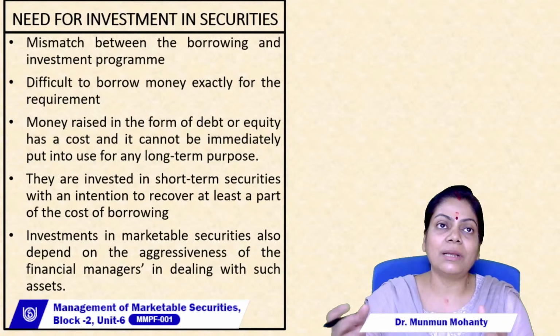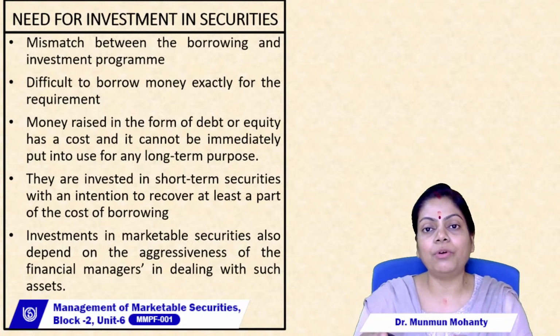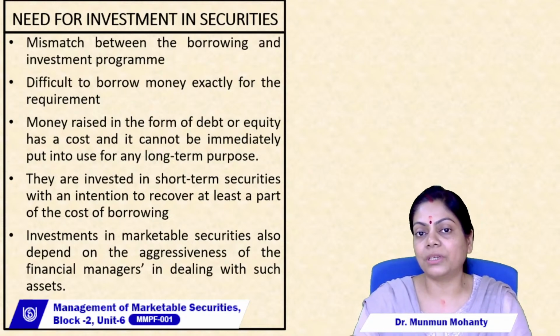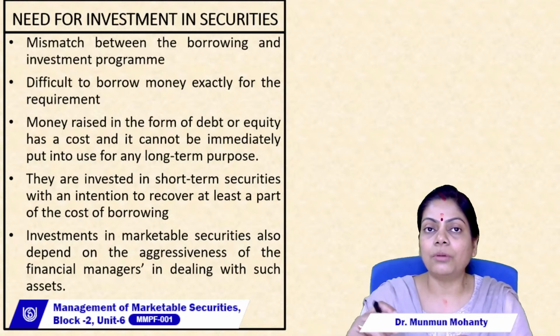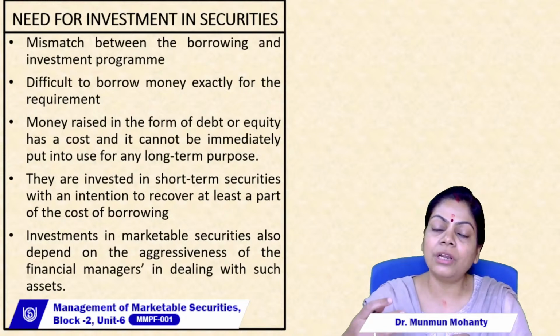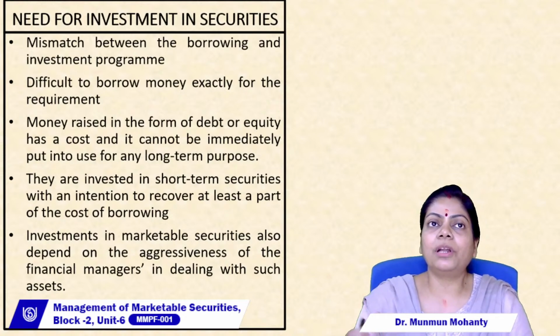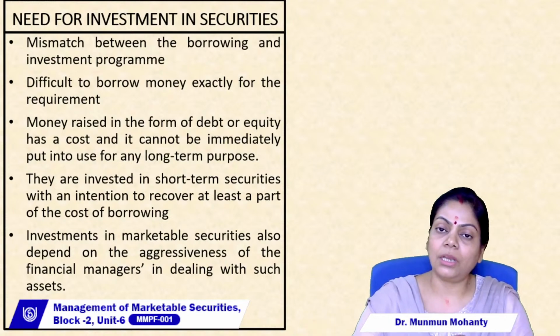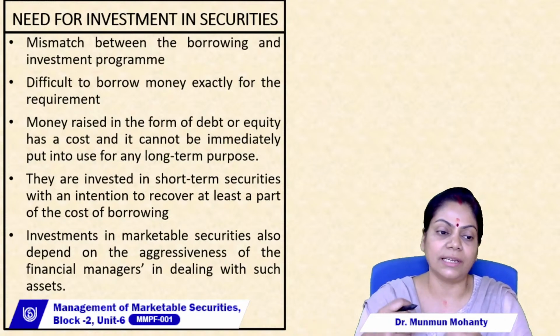For example, if for every 100 rupees you are going to pay 12 rupees as cost, and you don't invest in marketable securities, this entire 12 rupees you have to spend from your profit. Now companies invest this surplus fund in marketable securities and recover, let us say, 5-6 rupees of this 12 rupees, so that the loss is less.